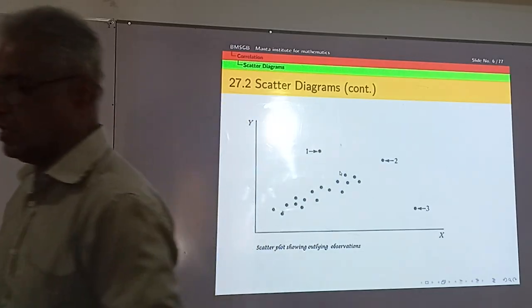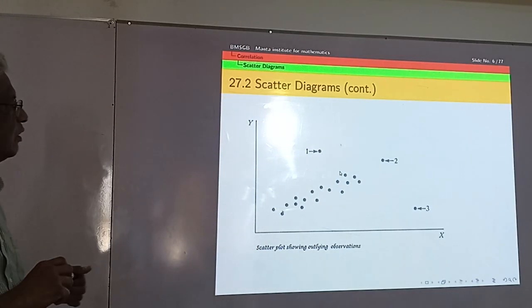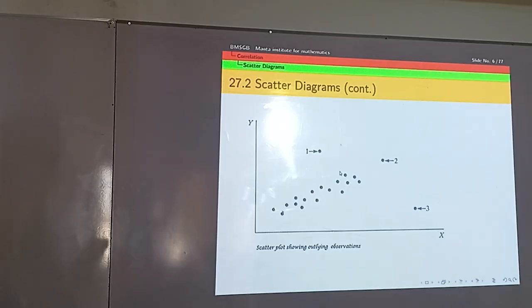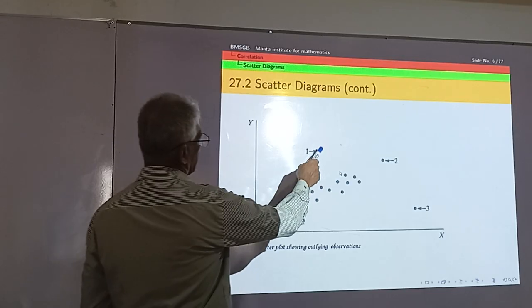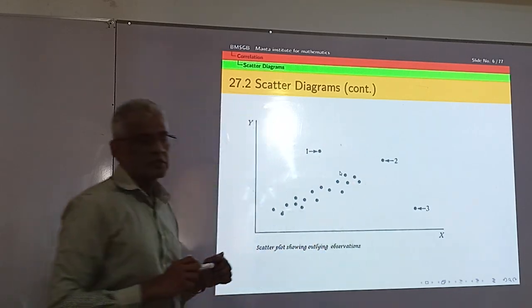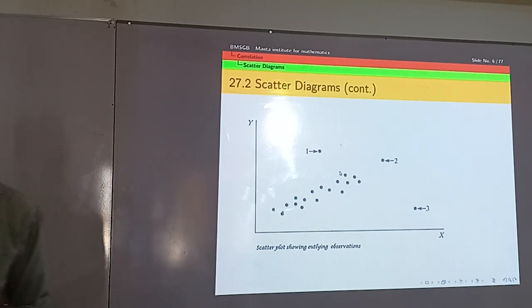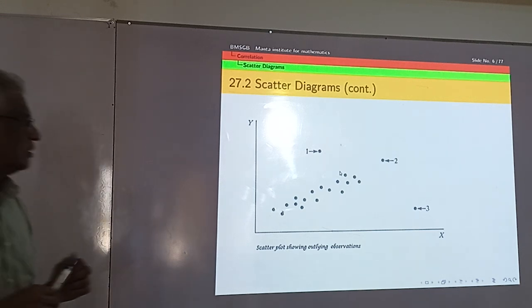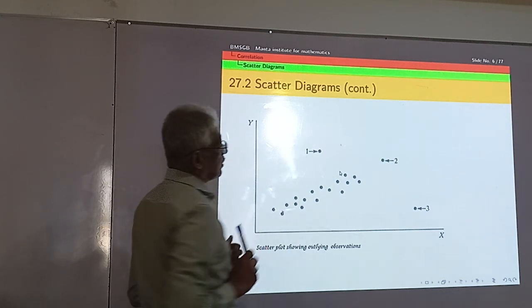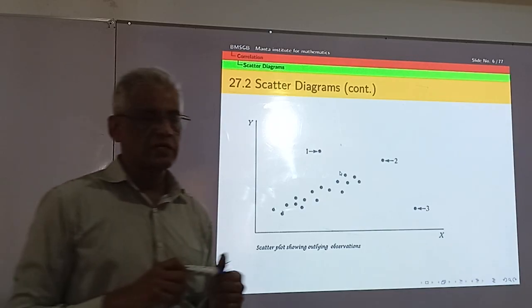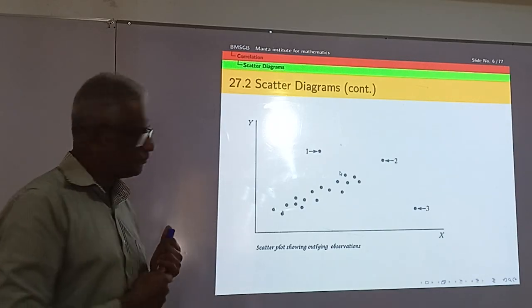Therefore, R will not be affected that much from that observation, even though it's an outlying observation. So these kinds of observations are sometimes called outliers, and in addition to that, influential outliers. Even though this is an outlier, it is not an influential outlier as far as R is concerned.